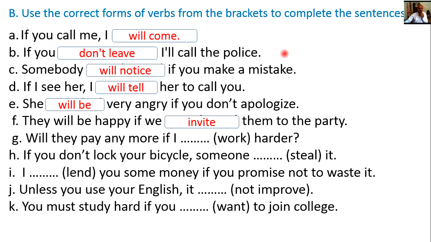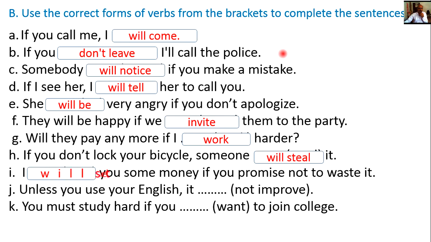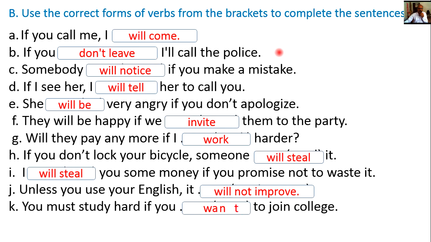They will be happy if we invite them to the party. Will they pay any more if I work harder? If you don't lock your bicycle, someone will steal it. I will lend you some money if you promise not to waste it. Unless you use your English, it will not improve. You must study hard if you want to join college.